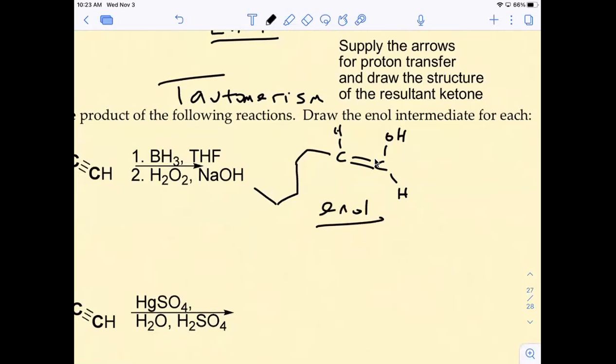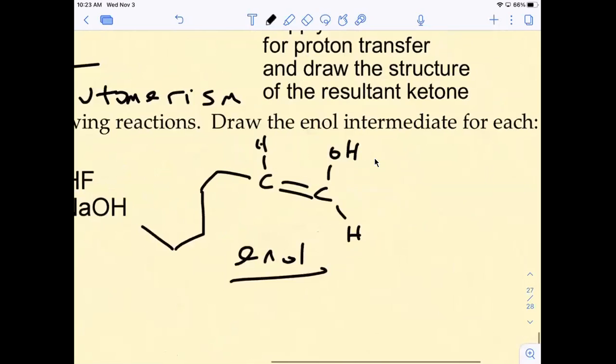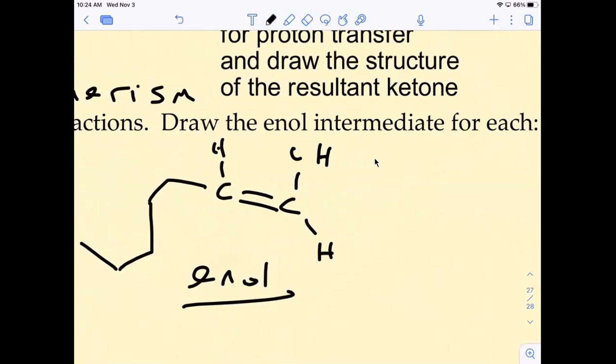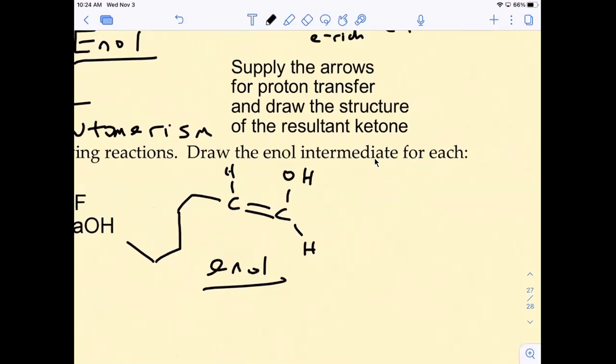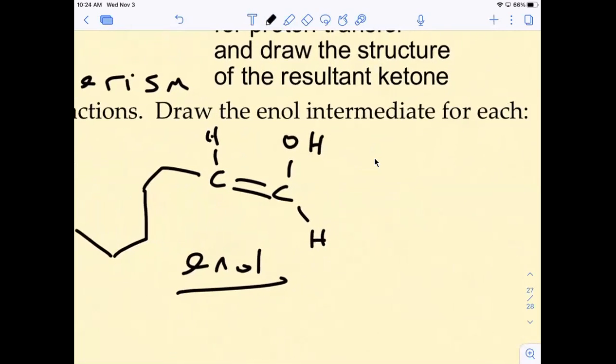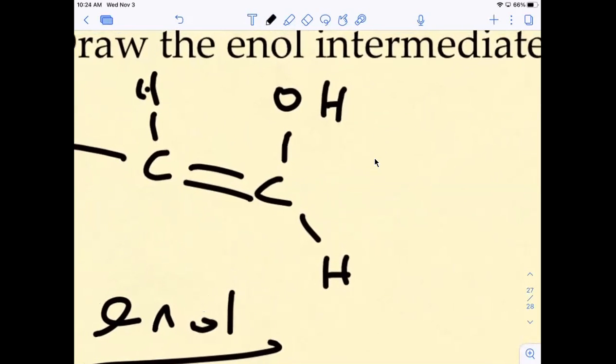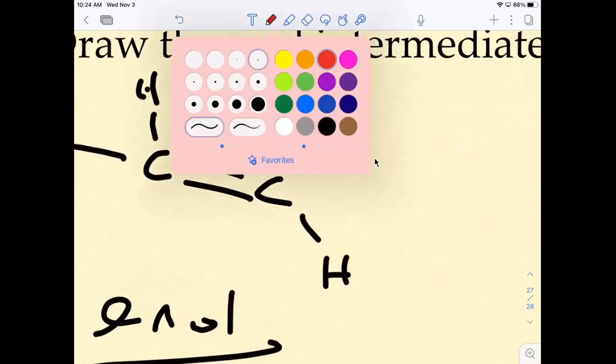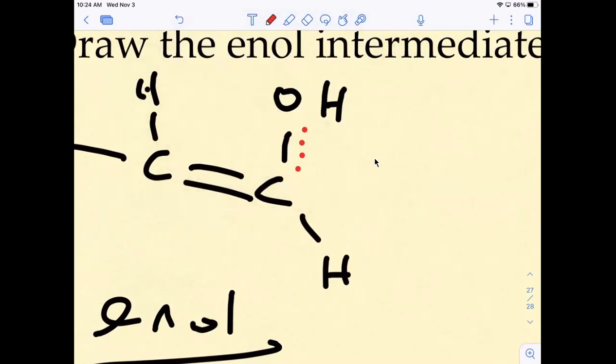The enol is not stable, so it's not going to remain an enol. You can actually rearrange this. So what would the aldehyde look like? Or what would the carbonyl look like from this? Let me help you to understand this. If I'm going to make this into a carbonyl, I'm going to put a double bond here between these two carbons, and then I'm going to have a single bond here to hydrogen, this hydrogen.